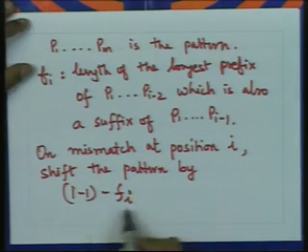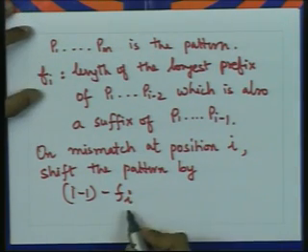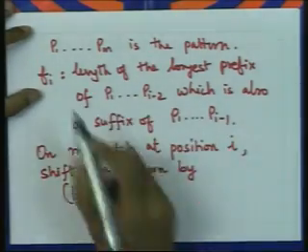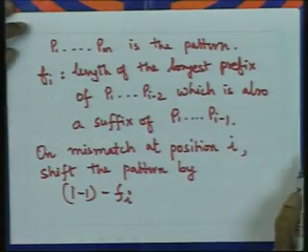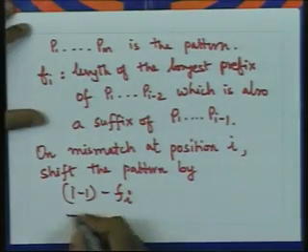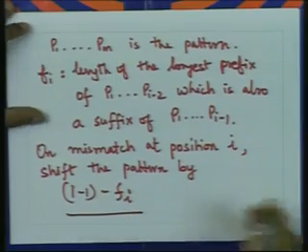Okay, I can shift it by this much. Given Fi, which is defined this way, then on mismatch at position I can shift the pattern by I minus 1 minus Fi. Okay, so let's see this.